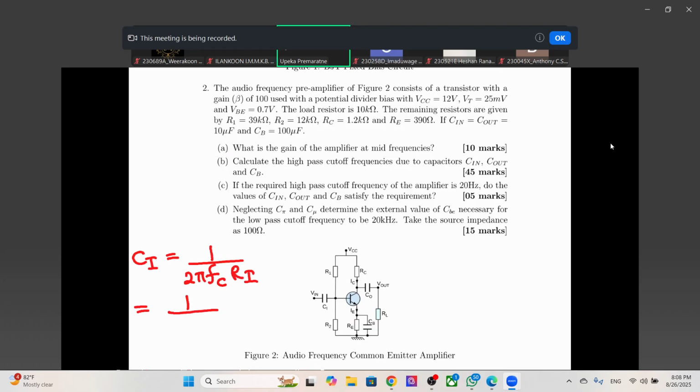So this is 2 pi times 20 times 7.5K, and the value that we will get is approximately 1 microfarad for the input capacitor.